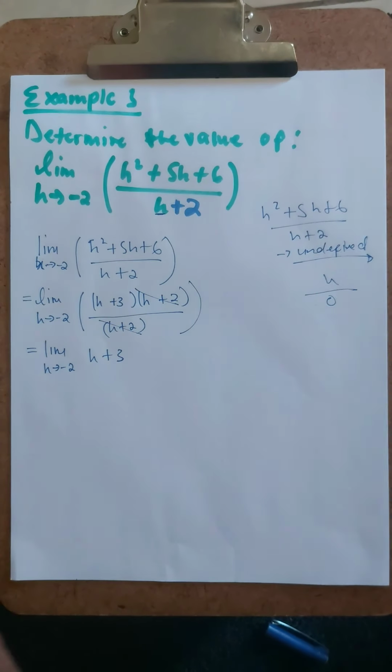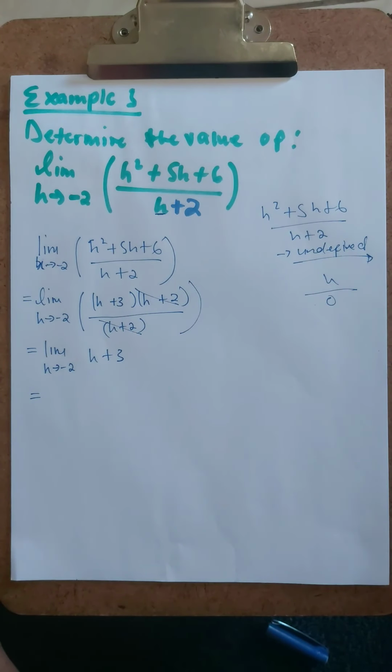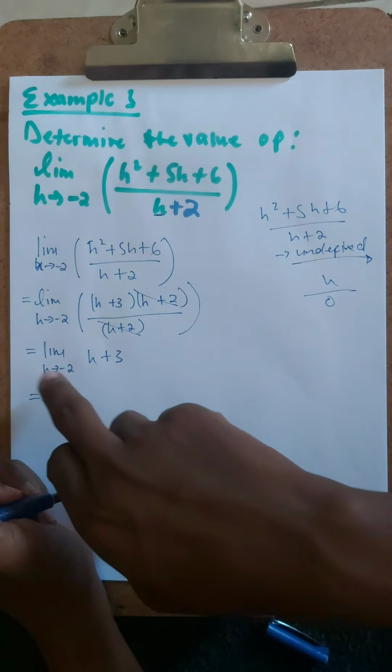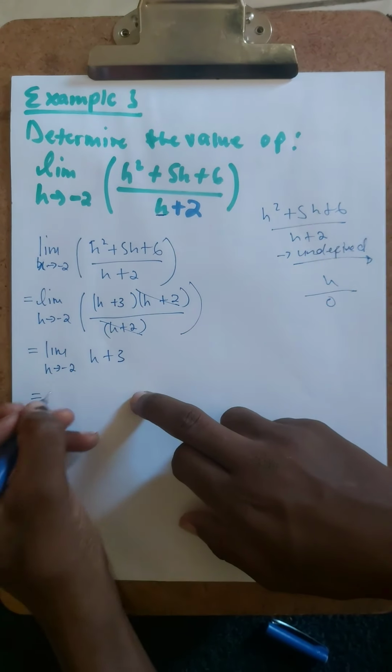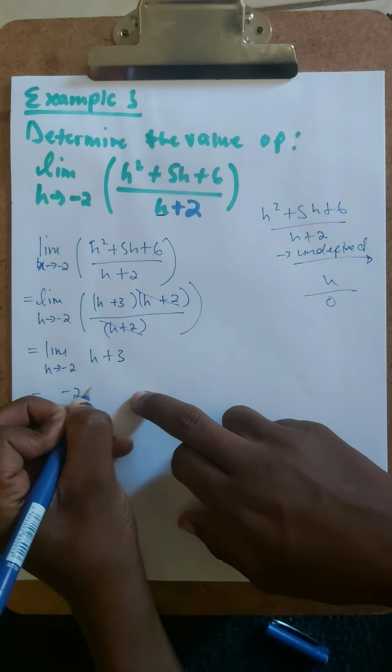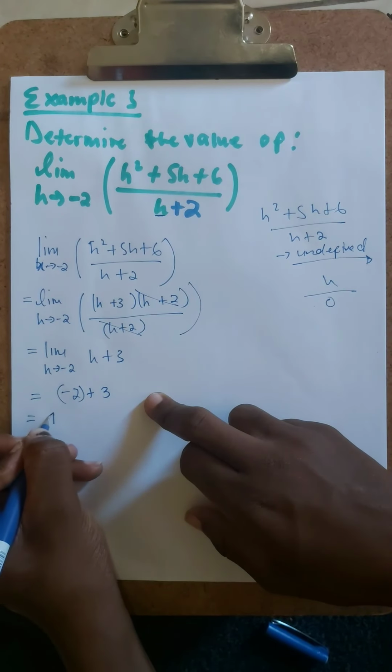Then you try to substitute. When I substitute, I don't get undefined. When h approaches minus 2, the limit is minus 2 plus 3, which gives me 1.